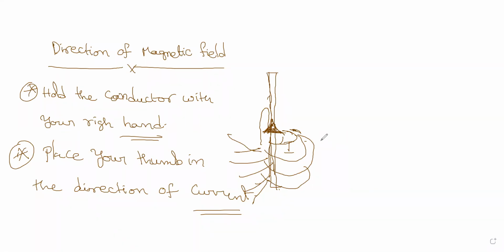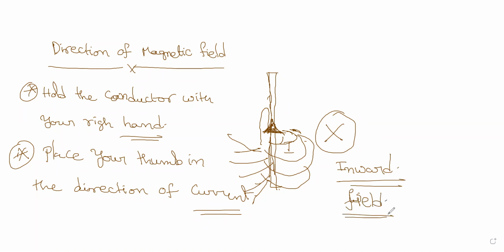Now assume that this is the plane of the paper. My fingers are going inside. And now if I move inside, we will put a cross. That means the direction of the magnetic field is inward. When I put a cross, that is inward field. Is this clear?